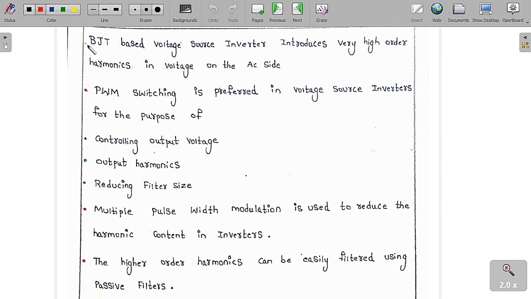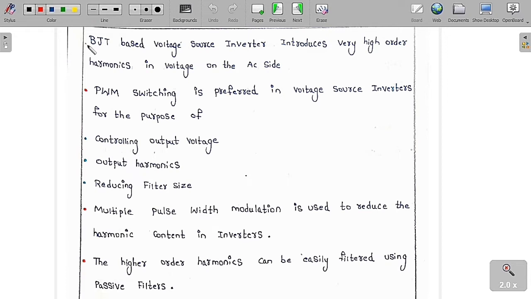I have already told you, in PWM, pulse width modulation, the reference signal can be either sine or square, whereas the carrier signal is always triangular in nature. Therefore, the triangular PWM control scheme, when applied to a three-phase BJT based voltage source inverter, introduces very higher order harmonics in the voltage on the AC side.